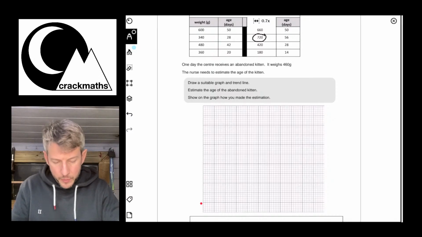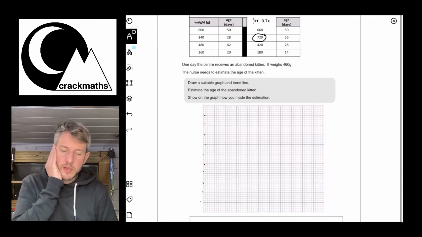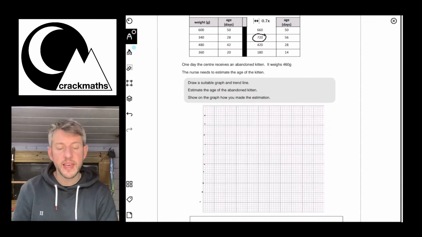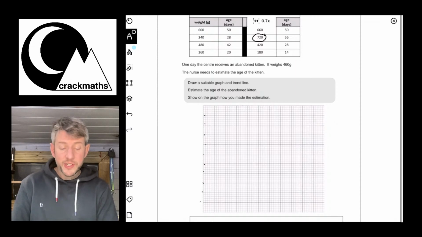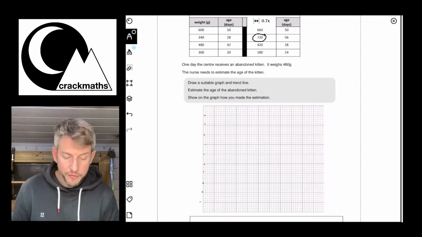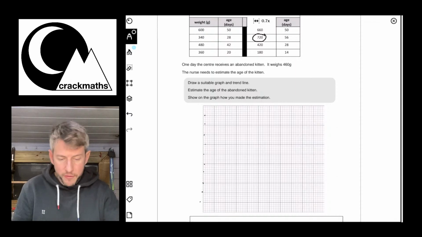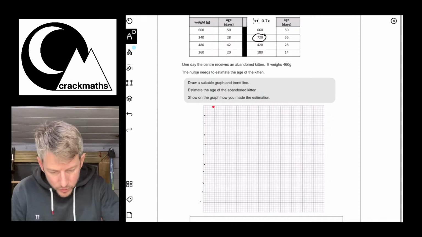We've got 10 squares to play with, and we need to get to 720. I'm going to make each square worth 100. I think we won't use all the squares, but that is a respectable scale.